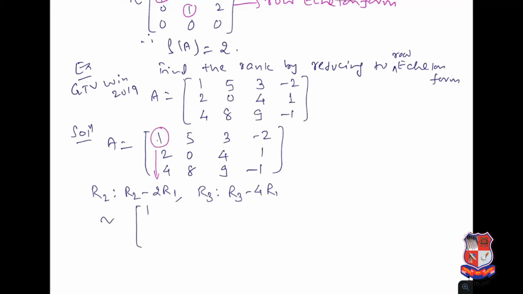So the first row is as it is, 1, 5, 3, minus 2. Now here we multiply by minus 2 and add 2, so that is 0. Then multiplying by minus 2, minus 10.